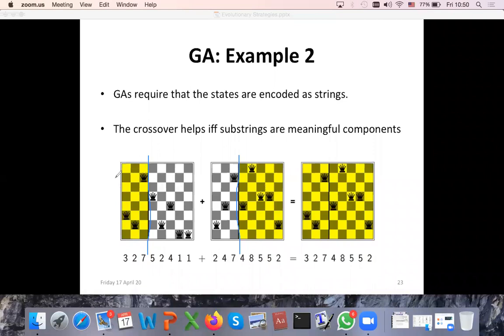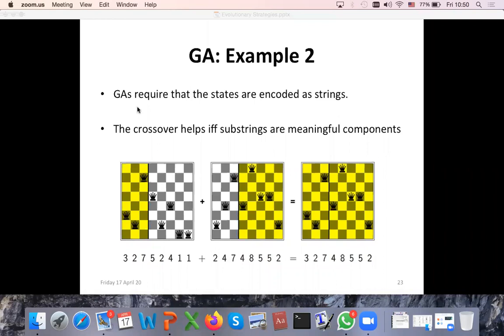So this is from the first member. This is the position of the queen from the first member, and this is the position of the second queen from the second member. And we are joining, we are crossing over, and we are getting a new string according to these positions. So nothing else.